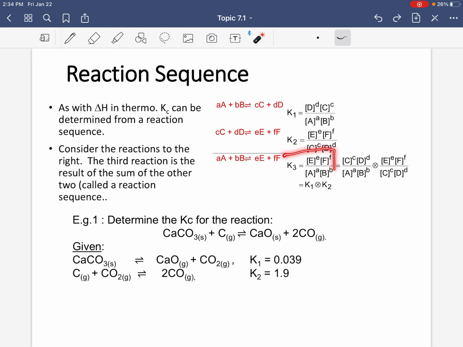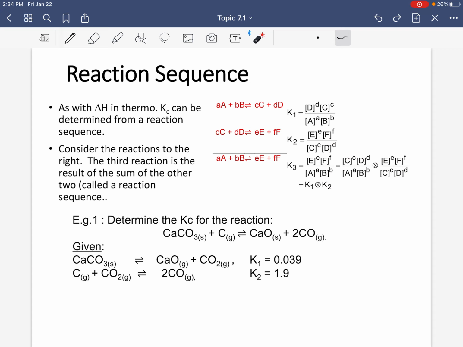This expression of Kc is equal to these two K's as a product, and you'll notice that certain things will cross out, right? Now this is equal to that, see?